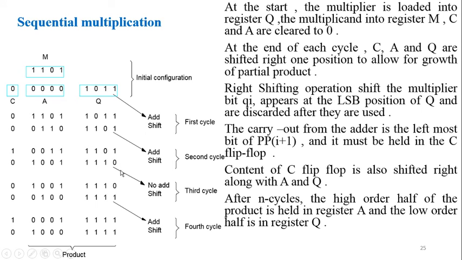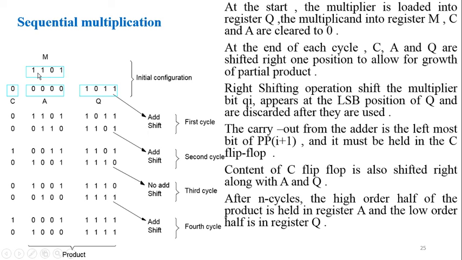Okay, again check the LSB bit of the Q array. If it is 0, no need to perform addition of accumulator and multiplicand. Just write down the previous accumulator value here. Then perform again the 1 bit right shift of the CAQ arrays. Repeat the same.